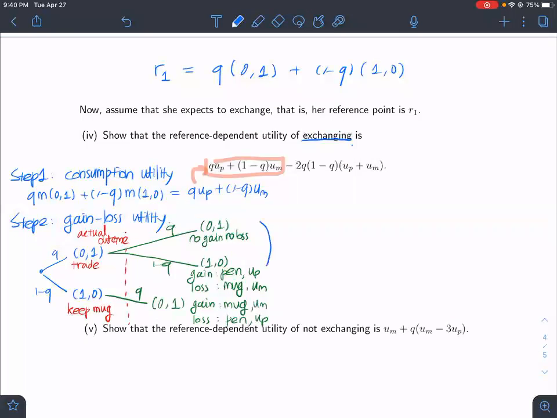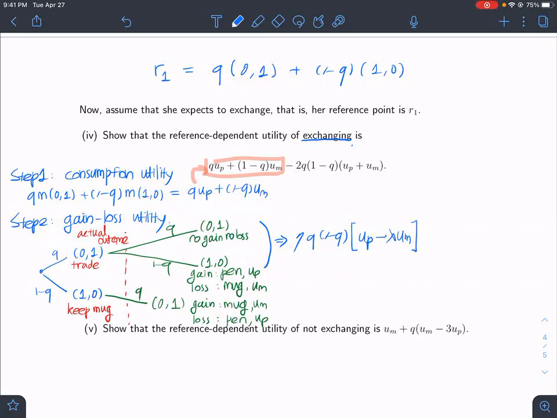Okay. So for the part above, the gain loss utility will be eta q. Where's the q coming from? Q coming from here. 1 minus q. 1 minus q coming from here, okay? And then gain is the pen, then there's UP. And then my loss is a mug. So lambda, to account for the loss, times the utility value, UM.